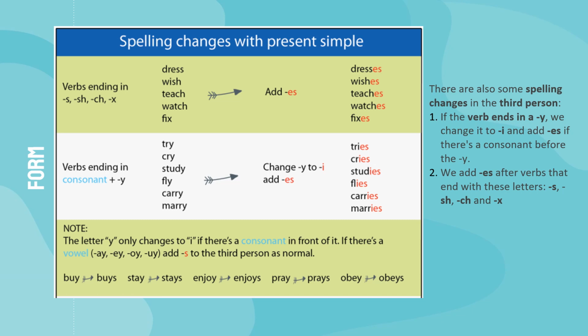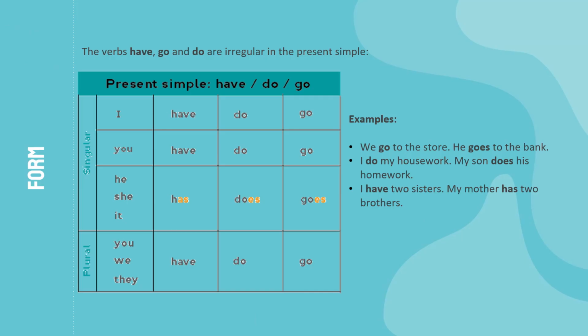Here are the examples and the changing of spelling in a present simple. The verbs have, go, and do are irregular in the present simple. Look at the changes.